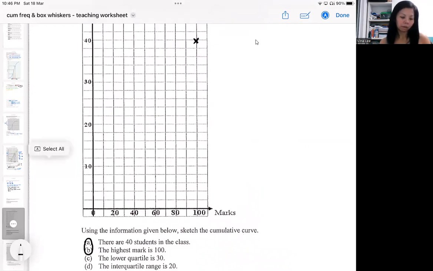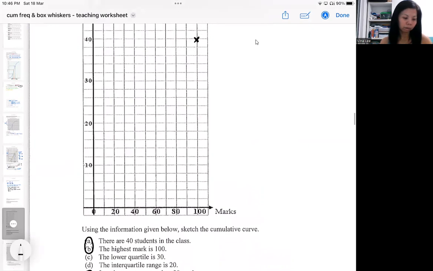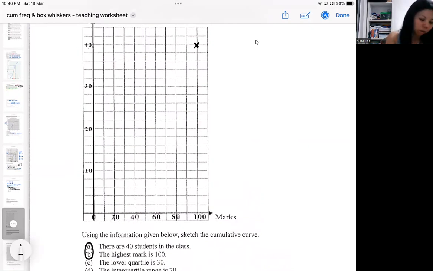And then we got 2 students who score more than 80 marks. So the 2 students will be the top 2 students here. These 2 students will be scoring more than the 80 marks.